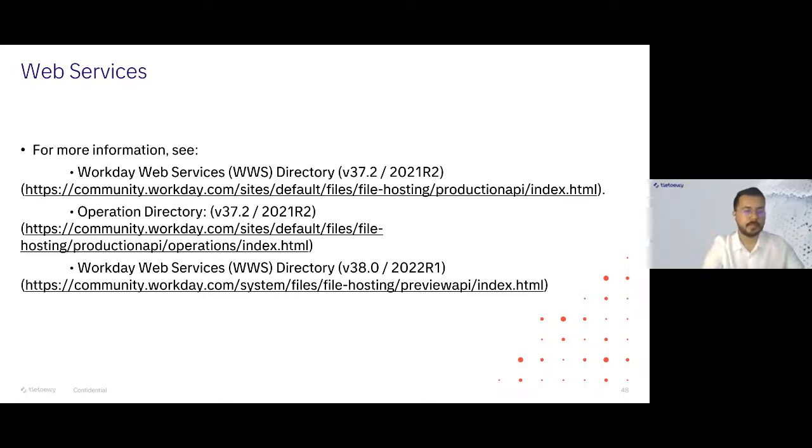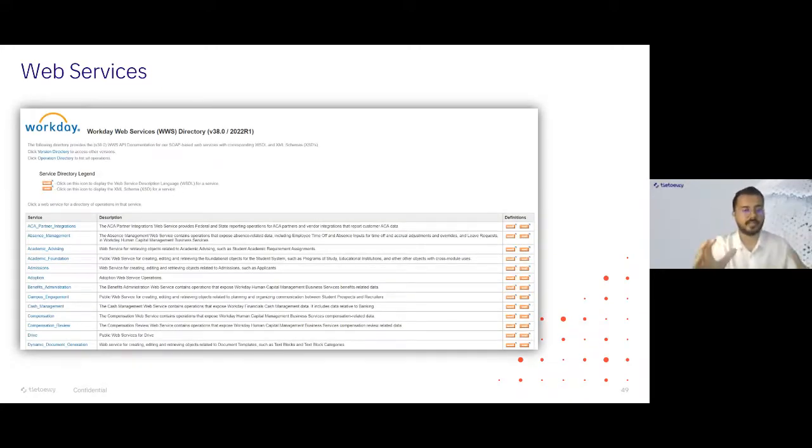For more information, I have attached the exact link for those web services. You can go in here. This is the directory, this is the operation directory, and this is the Workday web services directory. You can click in here and check what it is. To make it more simple and fun, I have taken one of the screenshots.